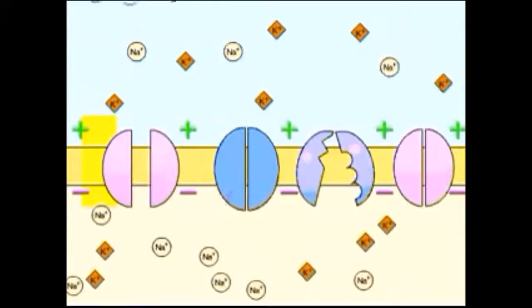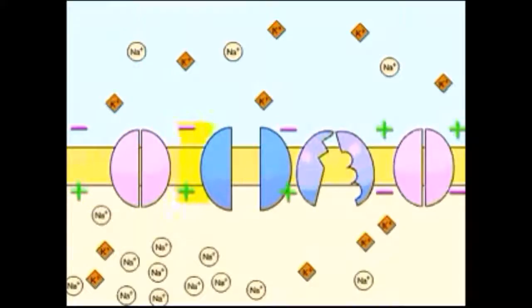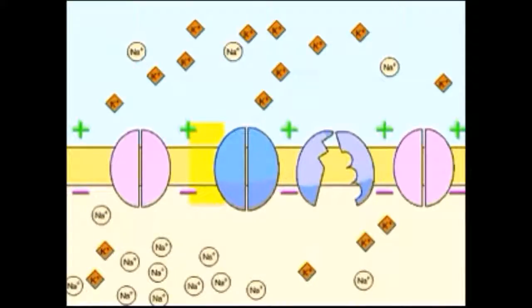A stimulus causes voltage-gated sodium channels to open, and sodium ions rush into the cell. The cell becomes positive on the inside and negative on the outside. Very quickly, the sodium channels close while voltage-gated potassium channels open, allowing potassium ions to rapidly diffuse out. The cell returns to being positive on the outside and negative on the inside, and the potassium channels close.